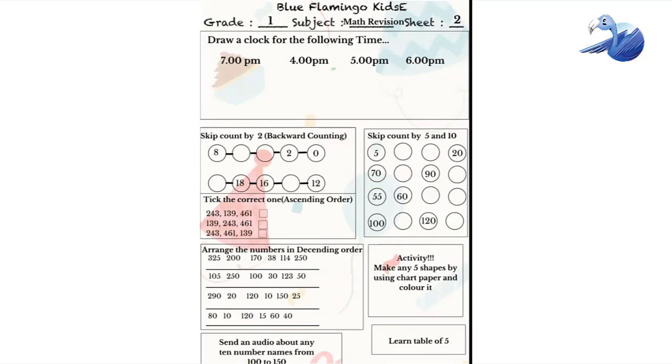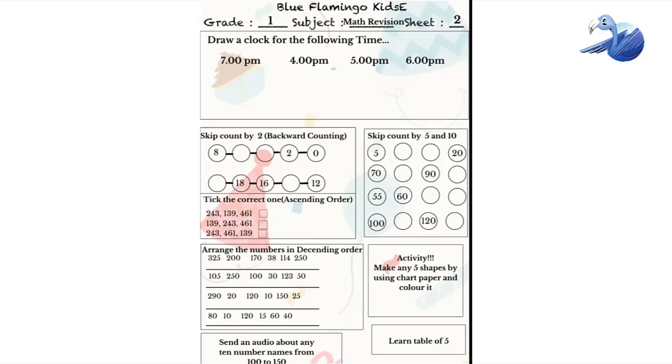This is descending order. Next, 290 is the biggest number, so firstly we write down 290, then 150, then 120, 25, 20 and 10. So this descending order is completed.